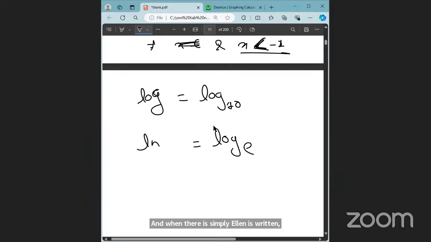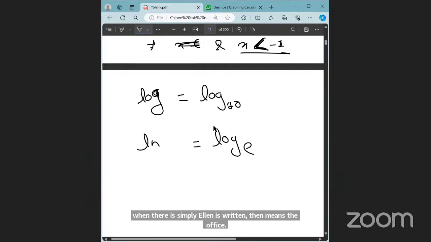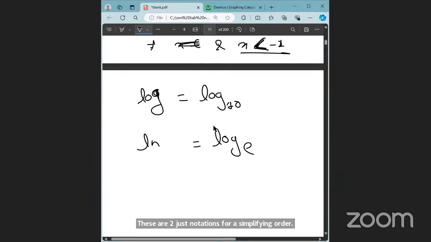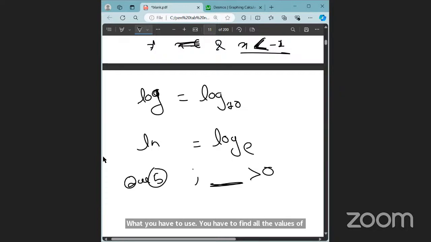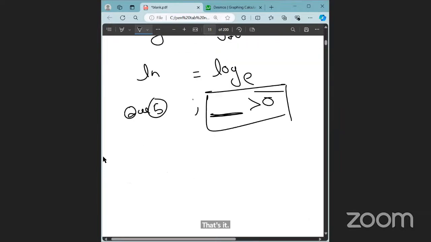These are two notations for simplifying our log, so we don't have to write base 10 or base e every time. In question number 5, you have to find all the values of x for which your expression is strictly greater than 0. You have to use this fact and you will get your answer.